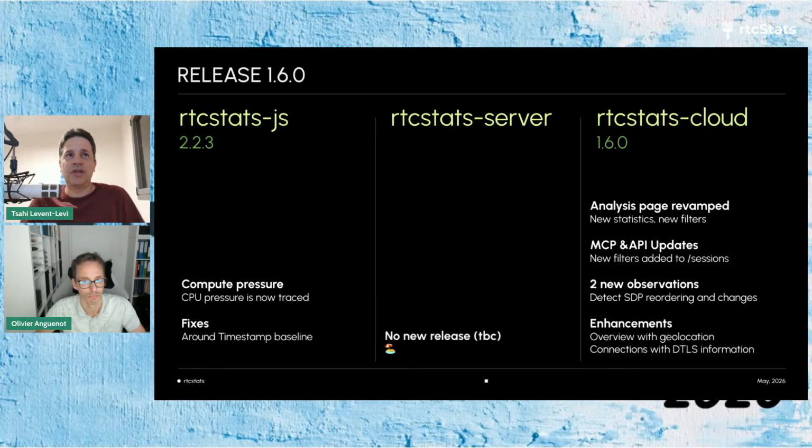So what do we have new in the rtcStats.js client? So we have two points. In fact, the main feature is that now we are able to extract the compute pressure from the web API. So up to now, we were able to detect if there was some CPU limitation, but only if you were uploading a video stream.